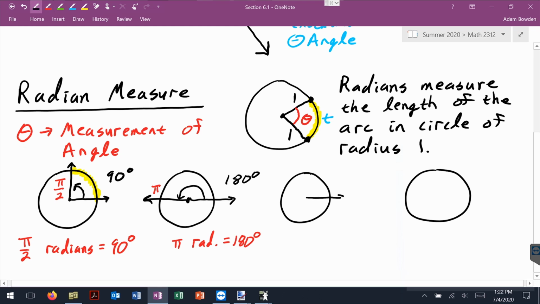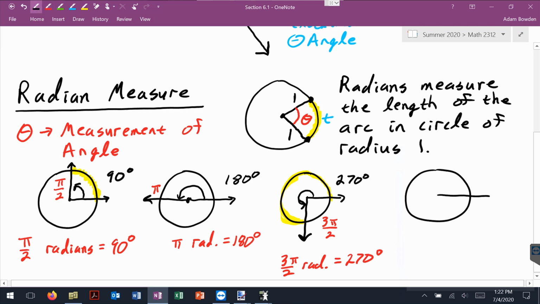Now if we made another rotation around like this, down to here, that would be 270 degrees. But the length of the arc that goes all the way around to there also corresponds to 3 pi over 2 on the unit circle. So 3 pi over 2 radians is equal to 270 degrees.